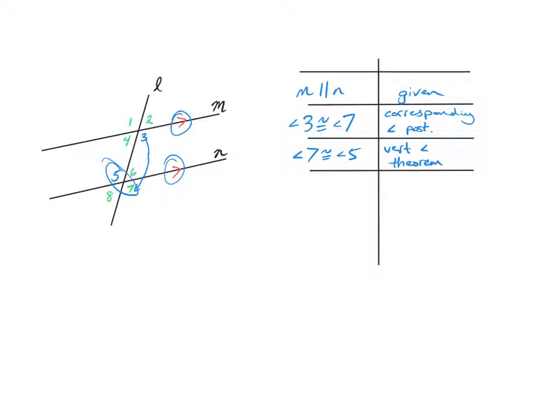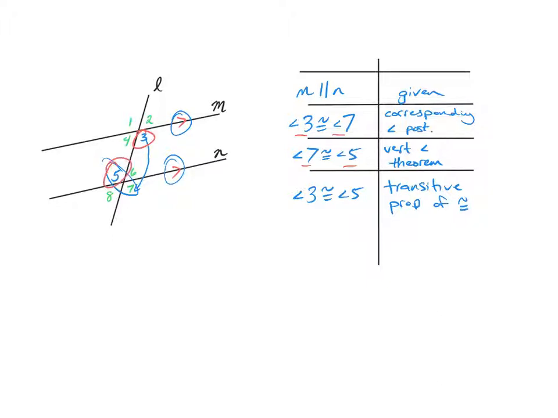So just like the previous one, I see that I go from angle 3 to angle 7, then angle 7 to angle 5. And I remember that that means I can say angle 3 is congruent to angle 5 by the transitive property. Sweet. So what kind of angles were 3 and 5?